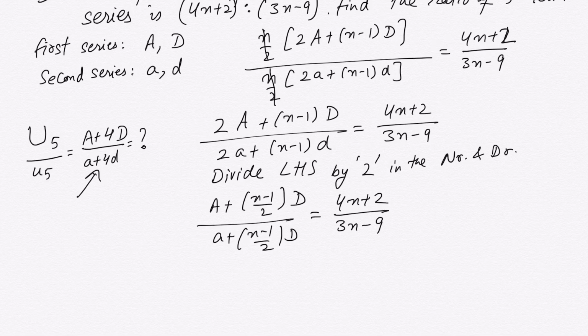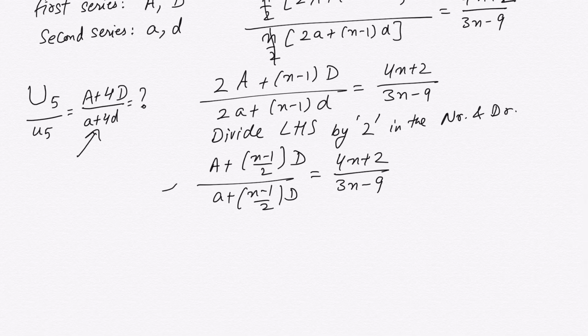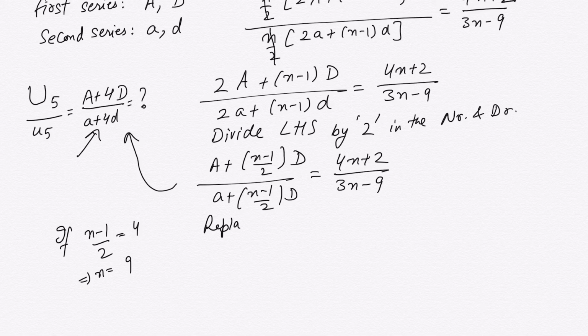Now what you see, I'm looking for this expression, can you see that we are about to arrive at a plus 4d divided by small a plus 4d if I replace, what is the condition, if n minus 1 upon 2 becomes 4, that means n becomes how much? 9. So let us replace n by 9.